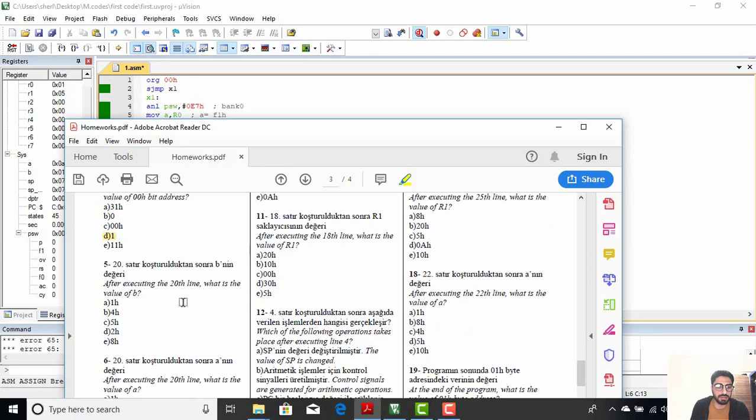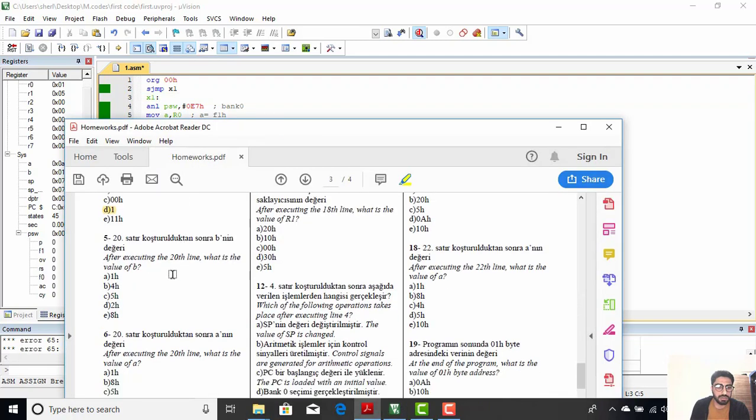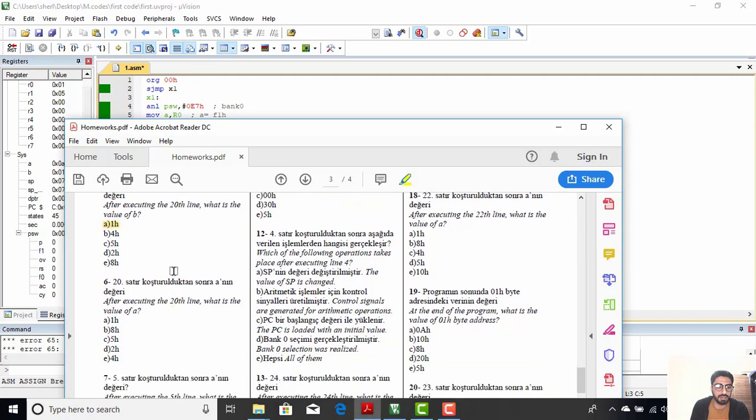This is the right answer. The 5th, after executing the 20th line, the value of B is 1. So the value of B is 1. That is the right answer.